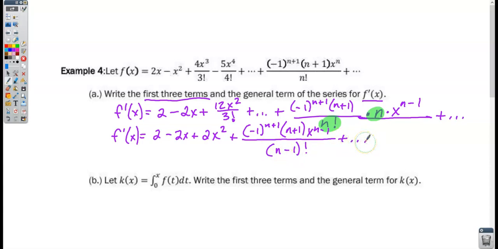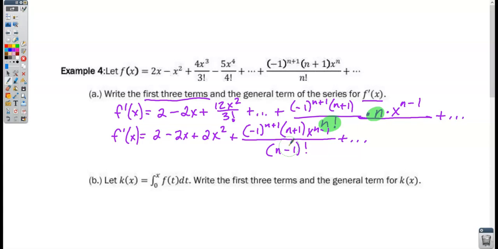Okay, now take a look at what we've got. If we want this to be the 0th term, all of our n's in this expression are off by 1. If we put 0 in here, we've got x to the negative 1, and we're taking a negative factorial. So to make sure that I have this laid out the way that I want it, I'm going to adjust the general term so that the first term we see here is the 0th term.